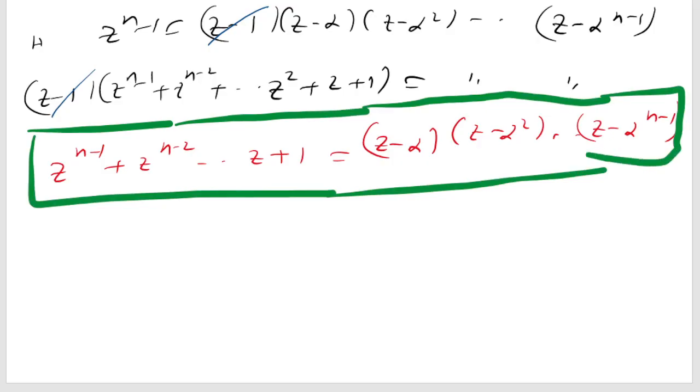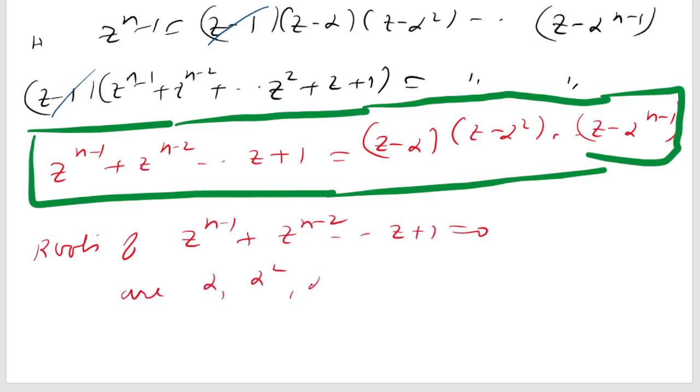What does it mean? It means the roots, important roots. The interesting thing is that the roots of the equation z^(n-1) plus z^(n-2) up to z plus 1 is equal to 0 are alpha square, alpha cube up to alpha^(n-1), where alpha is e to the power i 2 pi by n.